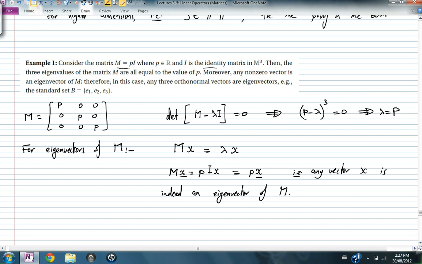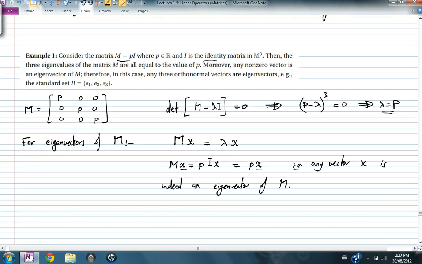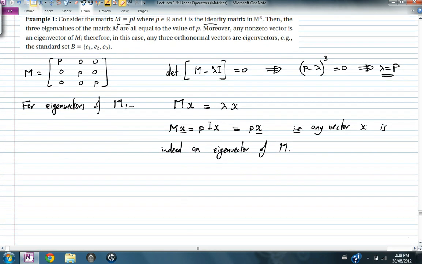Now we need to choose 3 different eigenvectors associated with the 3 eigenvalues P. So because any vector is an eigenvector, I can choose eigenvector 1 equal to the vector 1 0 0, eigenvector 2 to be equal to 0 1 0, eigenvector 3 to be equal to 0 0 1.